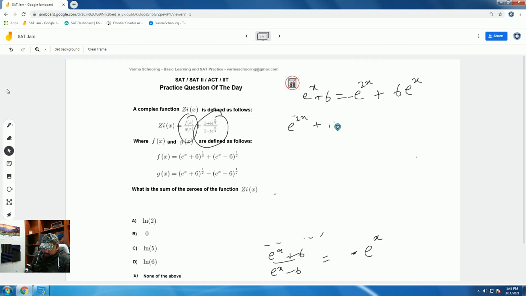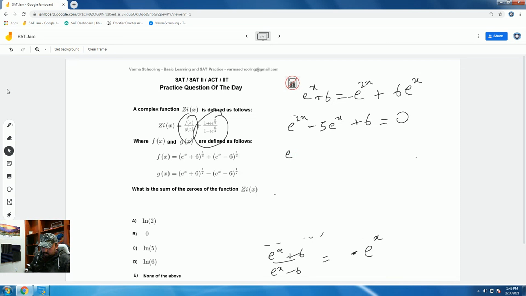So let's make sure we have our sign correct. So it will be e to the power 2x minus 5 e to the power x plus 6 equals 0. So e to the power x equals t. This becomes a quadratic equation with the roots 3 and 2.